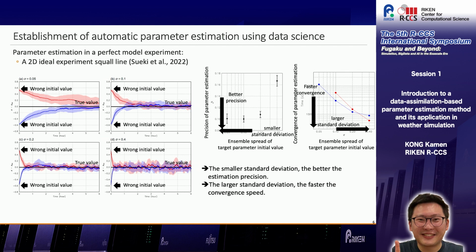After a few data assimilation cycles, we can see that the wrong initial values converge to the true value with different standard deviation conditions. And this ideal experiment shows that the smaller the standard deviation, the better the estimation precision, and the higher the standard deviation, the faster the convergence speed.